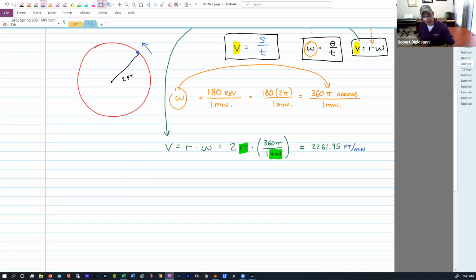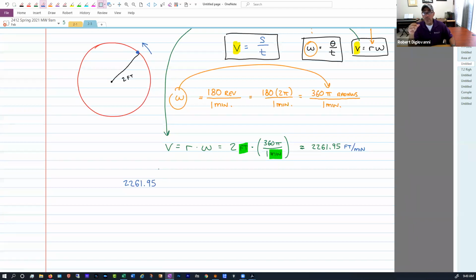Most of us are most comfortable with miles per hour, right? If I tell you, would it hurt if you hit a brick wall at 2,261 feet per minute? Would that kill you? Most people would be like, I don't know, it's gonna hurt regardless.